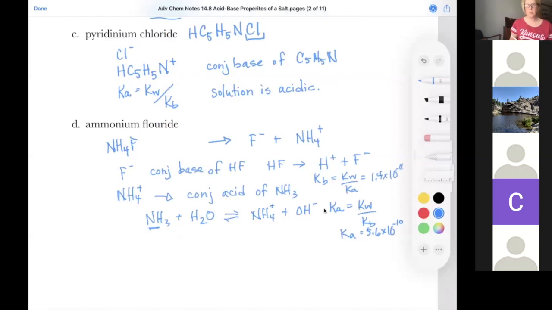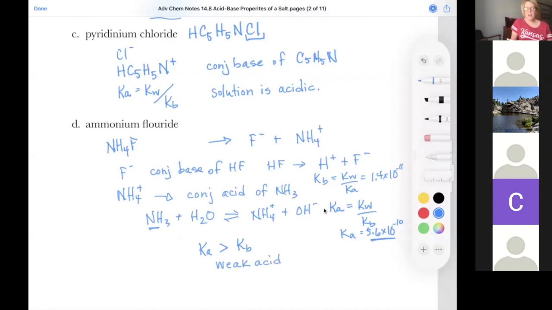We're just using the processes that we practiced previously. So here, Ka is greater than Kb, so the solution is acidic, as NH4 is the weak acid.